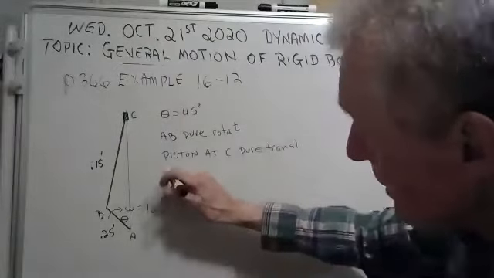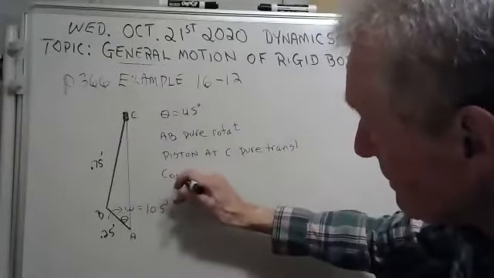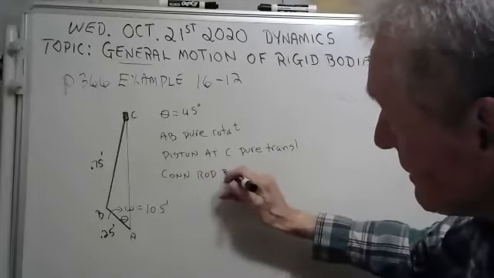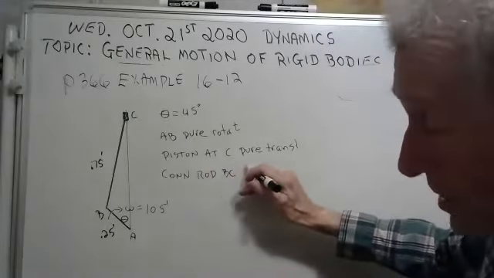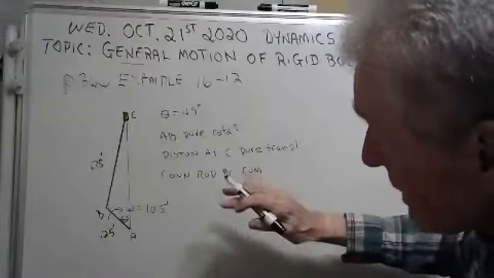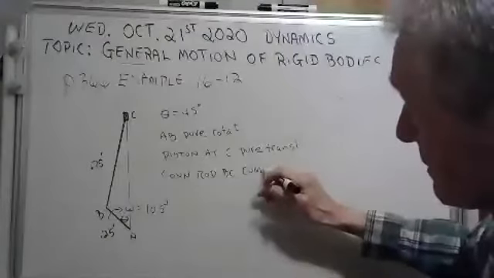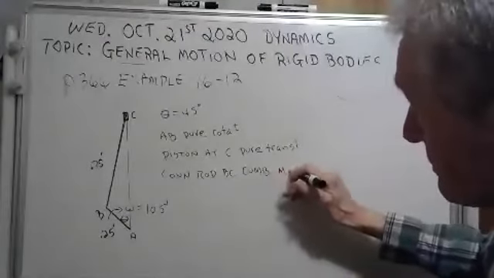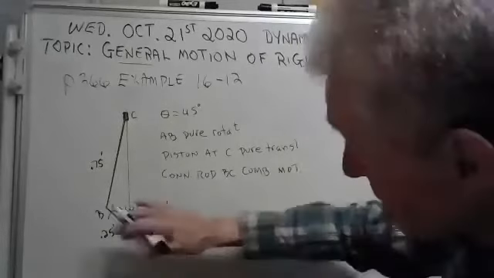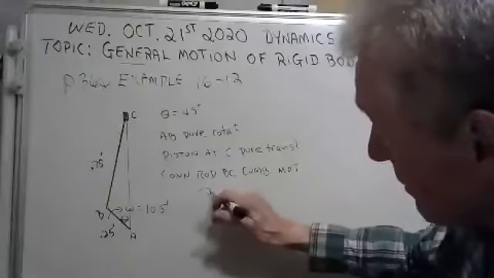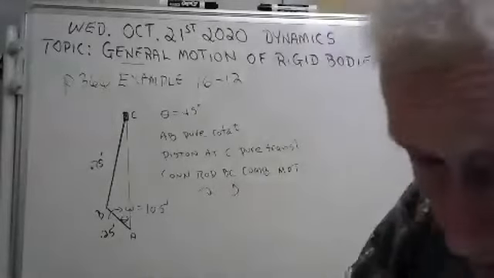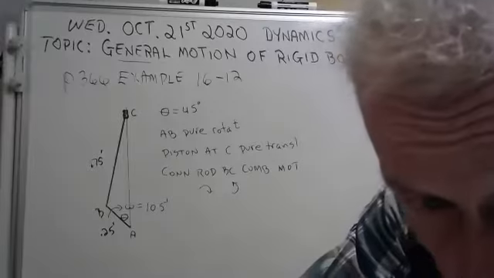The connecting rod BC is in combined motion. It has rotation, combined motion. Now, which way is the connecting rod rotating? Clockwise or counterclockwise? I'm going to ask one of my excellent students here.